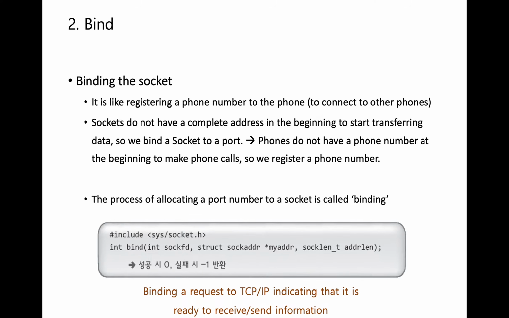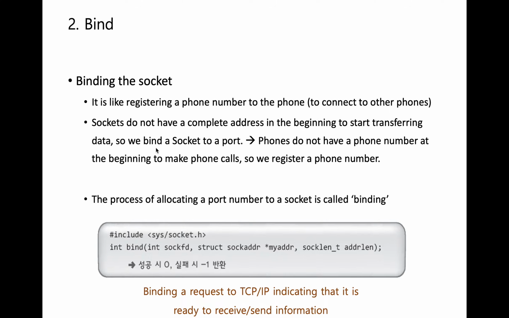Also, all devices contain a lot of ports that you can use, and then you'll have to specify an IP address plus the port number so that you could communicate with other devices using that address, plus other devices could also communicate with your device using the address that you specify. So before starting to transfer data, you'll have to provide a complete address. Also, you'll have to specify a port.